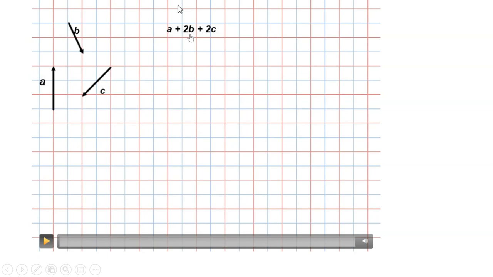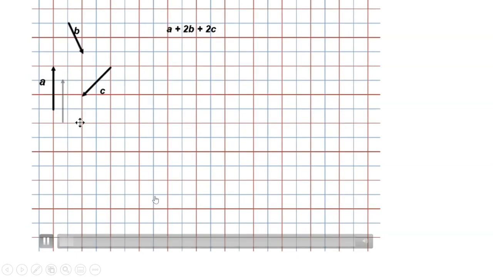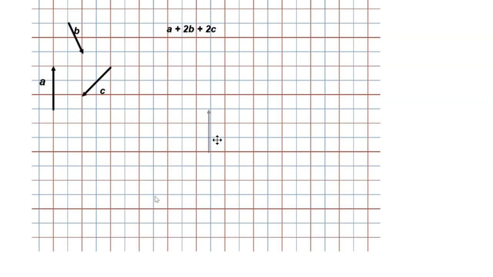So remember, 2B means that I'm taking 2 times the length of B. So B is going to get twice as long, but still going in the same direction. I'm going to do the same thing with the C. The C is going to be twice as long running in the same direction. A is not affected by any scalar. So here we go. There's A, which is approximately 3 units going up.